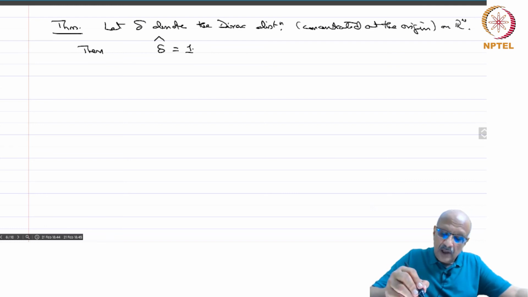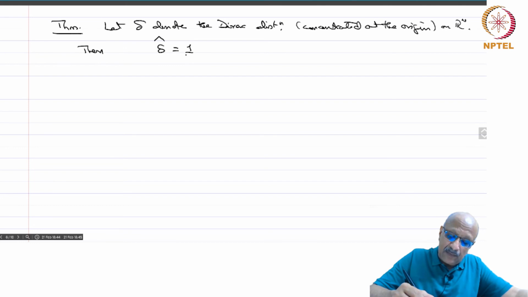A constant function is slowly increasing. So we know that it is a slowly increasing function. So therefore, this is again a tempered distribution. So delta hat equals 1.